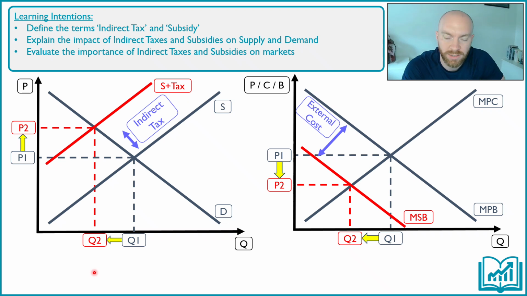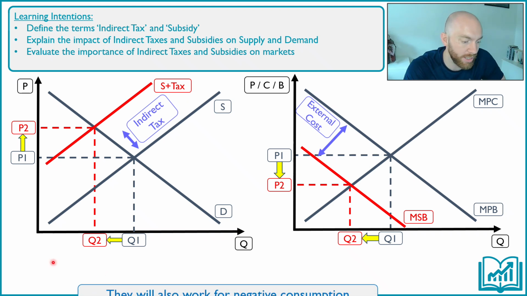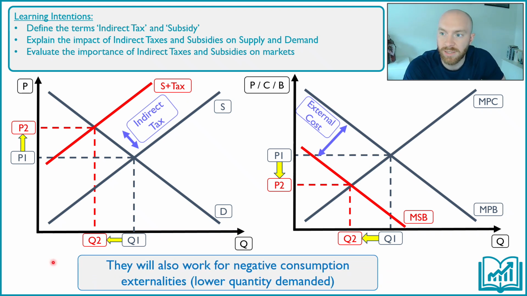And even though this comparison here doesn't directly apply, it still does the same job down here. So if it's cigarettes or something like that, where it's a consumption externality, we can still achieve this by using an indirect tax. So there will still be the opportunity to use this intervention for a negative consumption externality also.